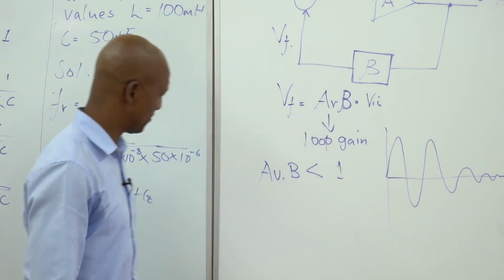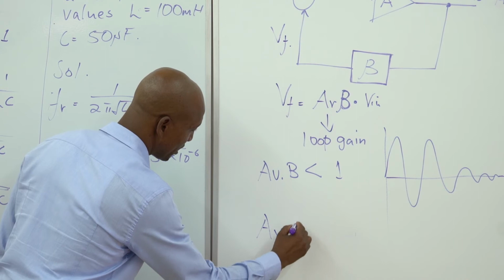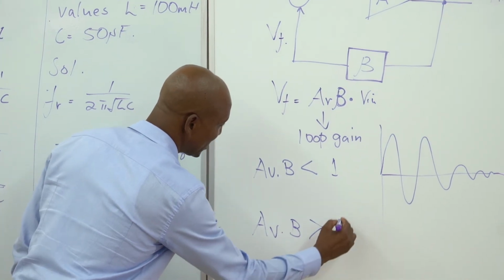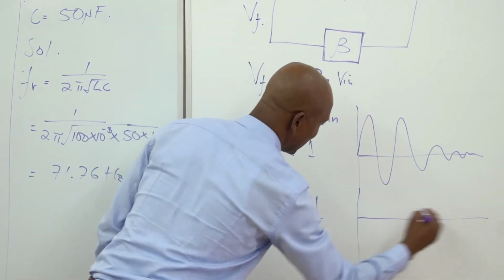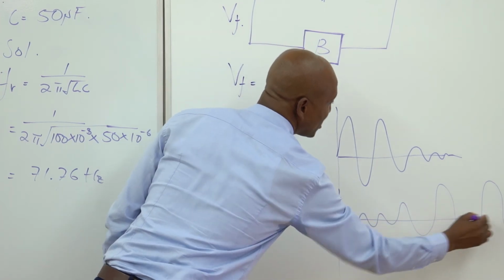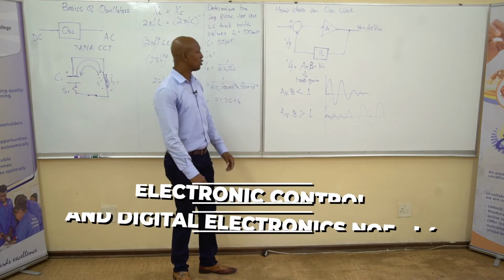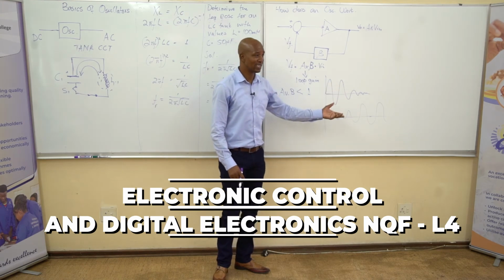That's one condition. What will happen if our loop gain is greater than 1? It simply tells us that our signal will start at a very low level and tend to increase. So it is losing its oscillation as it continues to increase.